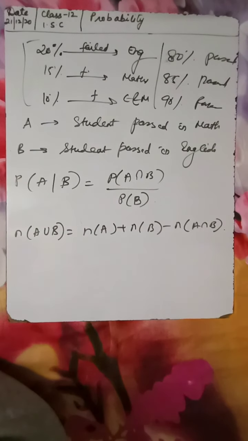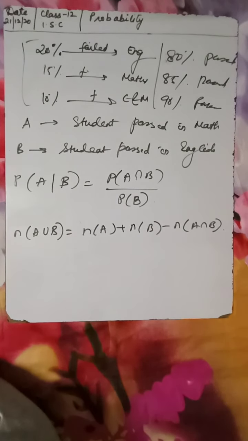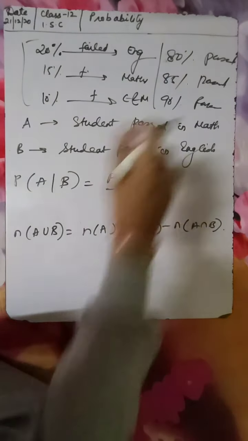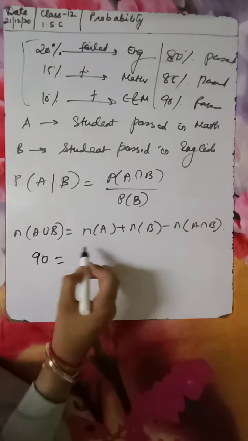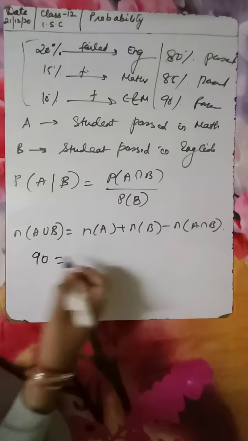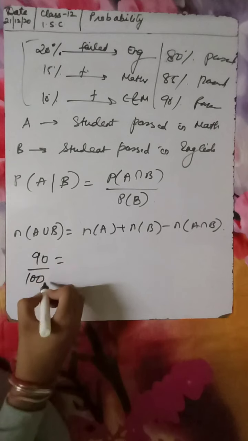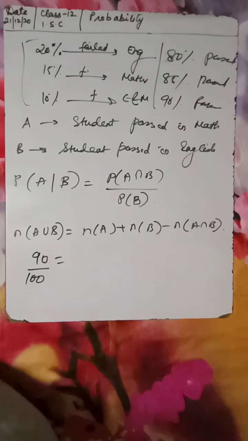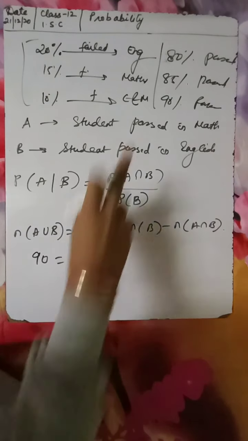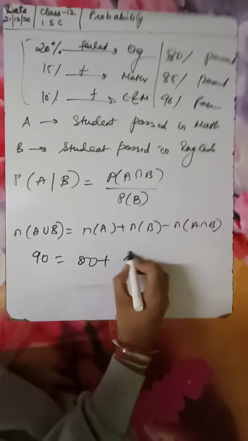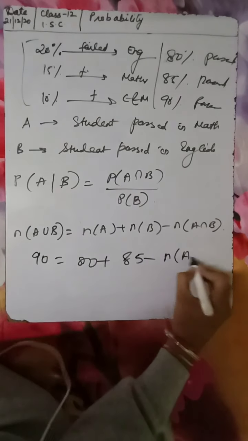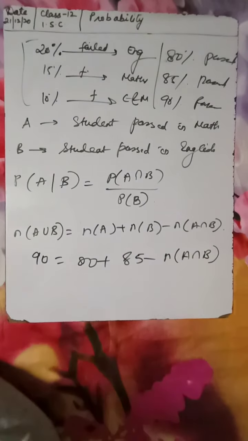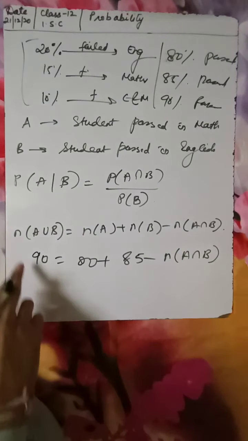So how will we do this? We'll just replace with the values. 90% is equal to, see, percentages are divided by 100 on both sides, so the 100s cancel. I'm directly writing 90 here, for number of A that is 80 plus 85 minus number of A intersection B. Now take number of A intersection B to one side and 90 to the other.